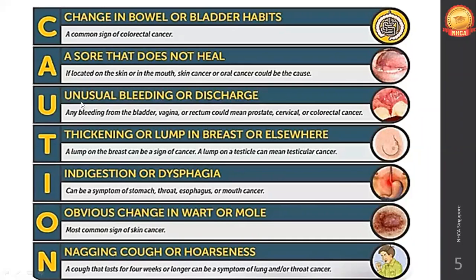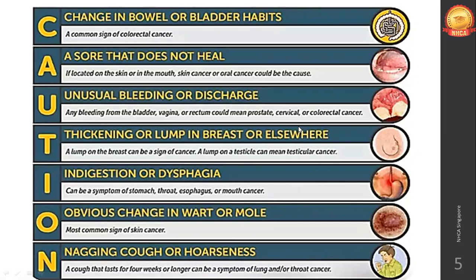Then U stands for unusual bleeding or discharge from the bladder, vagina, or rectum. That could mean prostate, cervical, or colorectal cancer. If there is unusual bleeding in between your monthly cycle, you will know that it is not the regular menstrual bleeding.